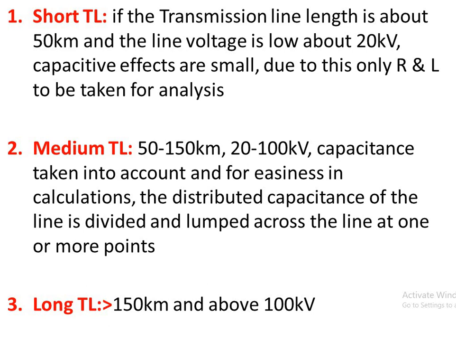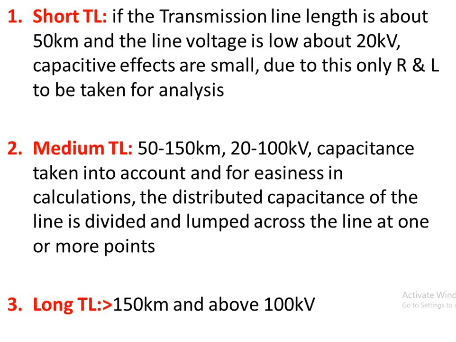Here the length is not so short, so capacitance is taken into account and we use it for the calculation. Again, for the long transmission line, the length is more than 150 kilometers and the voltage range is more than 100 kV, and here the capacitors are present.